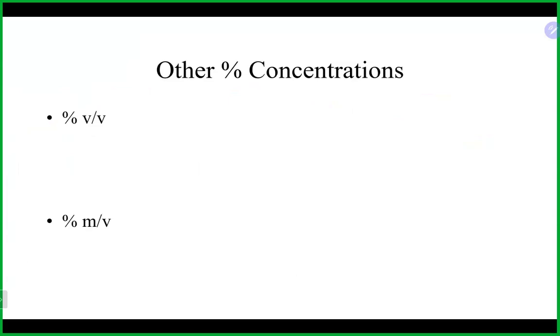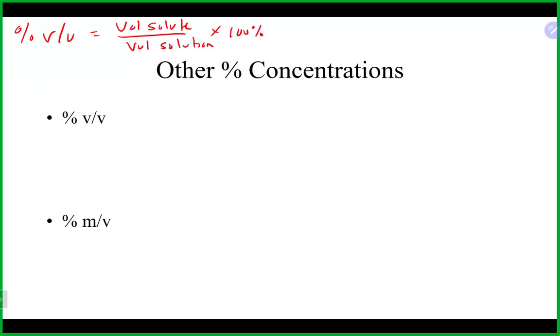Now, there are a couple of other concentration units, and once again, I'll write them a little bit higher so we can see them. Percent volume to volume, and that is the volume of the solute over the volume of the solution times 100%.